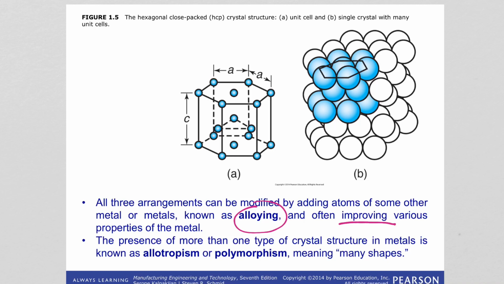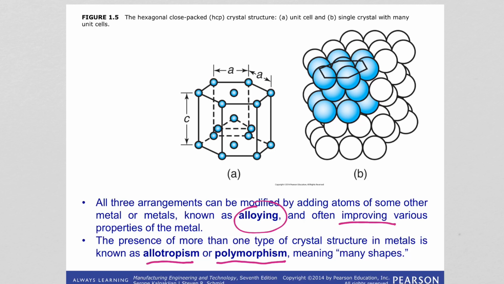Okay, so there is also another term here, what we call polymorphism or allotropism. What is that? It means many shapes. So that means there can be more than one type of crystal structure in metals. So for example, let's say iron, okay, can have a BCC, can also have FCC structure, depending on temperature, depending on composition.